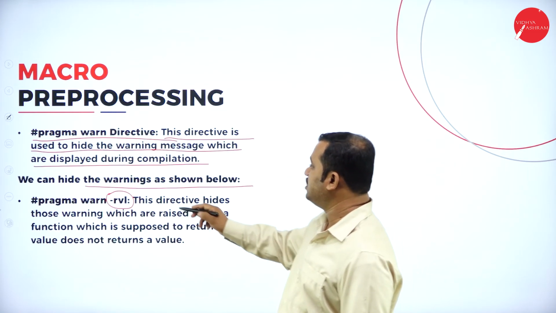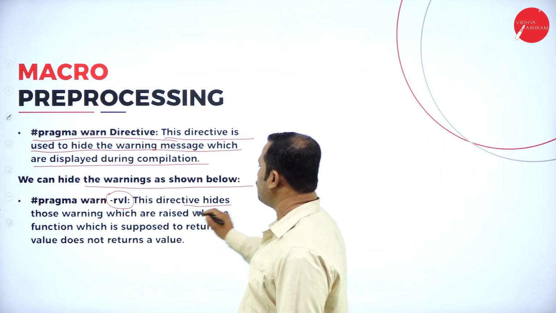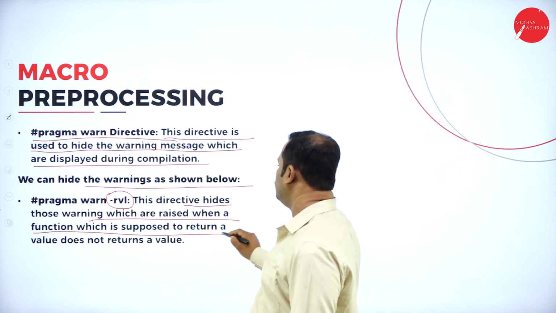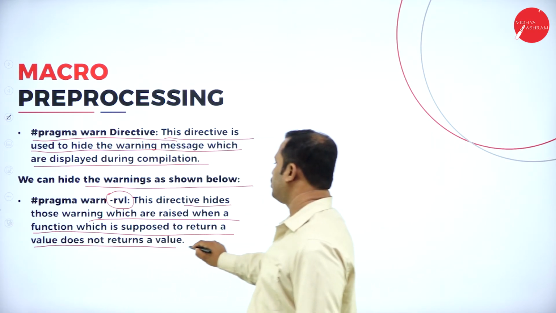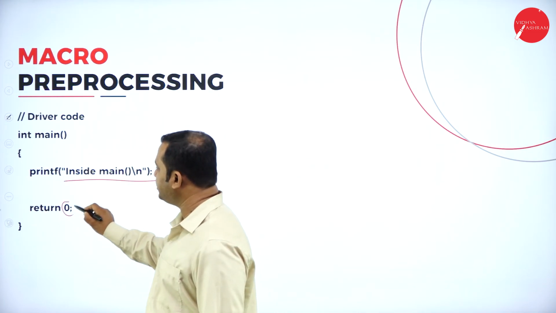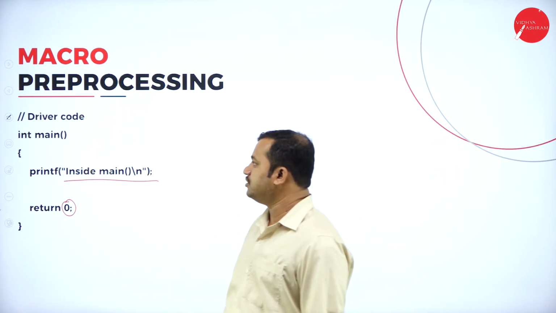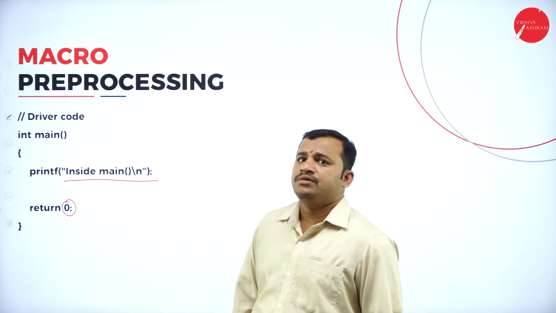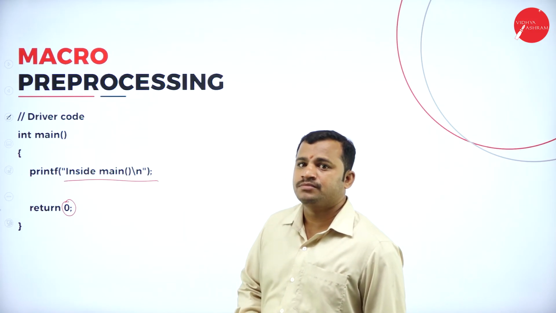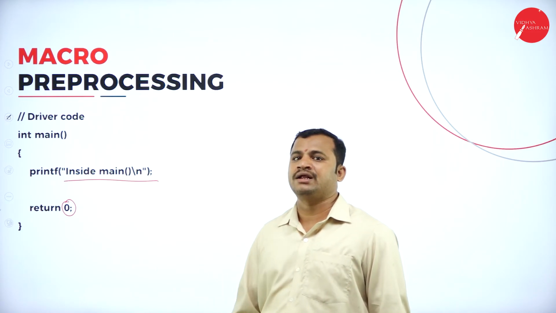The first type of warning: this directive hides those warnings which are raised when a function is supposed to return a value but does not return a value. If you look at this, observe that the value 0 is to be returned to the main function. If there is nothing to return, what happens? Obviously, it generates an error. I do not want to generate an error.